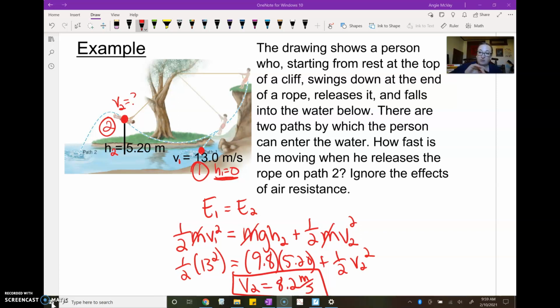As that energy transforms into some gravitational potential energy, you lose kinetic energy, meaning your person is slowing down, so we'd expect a smaller speed. And that's what we got, because some of the energy was transformed into gravitational potential energy. Okay, so our value does make sense.